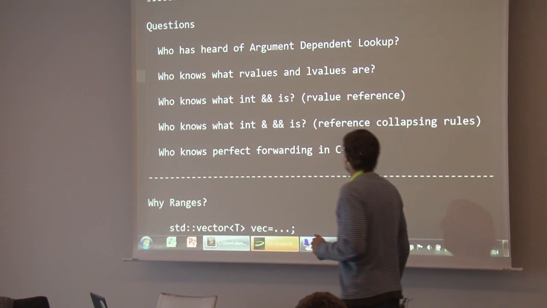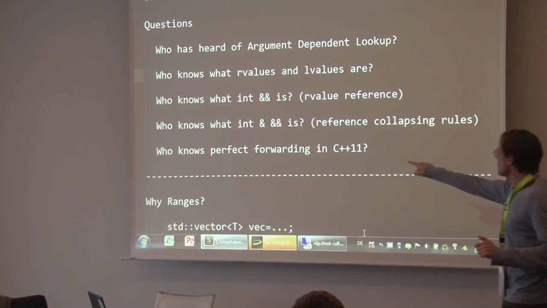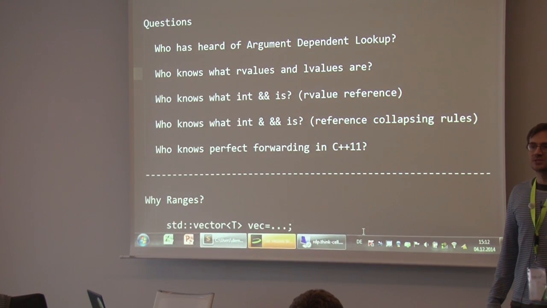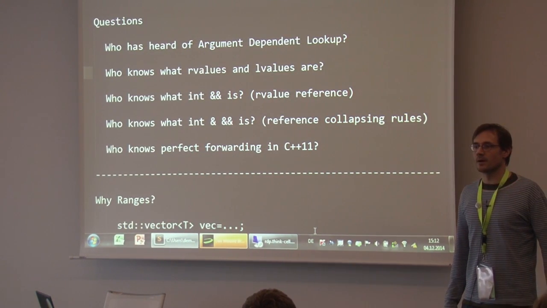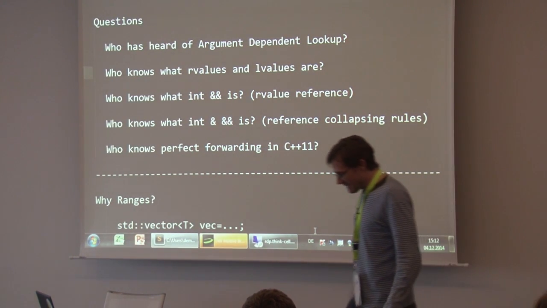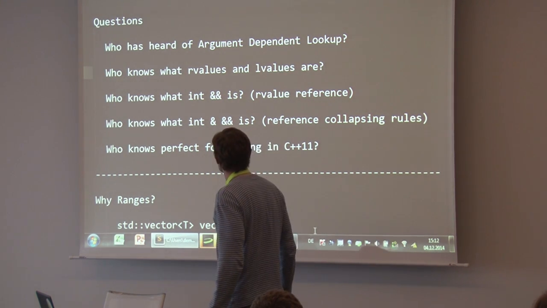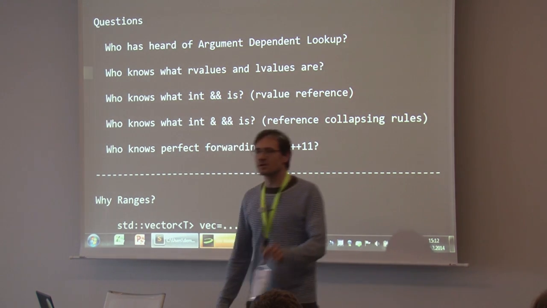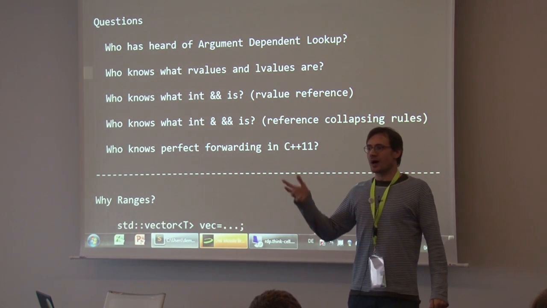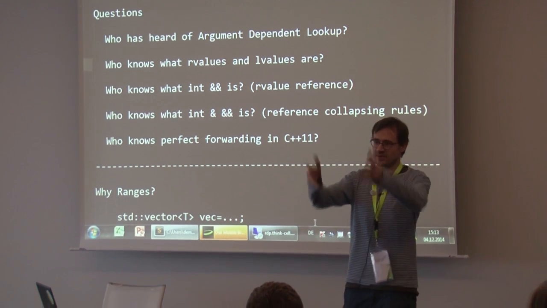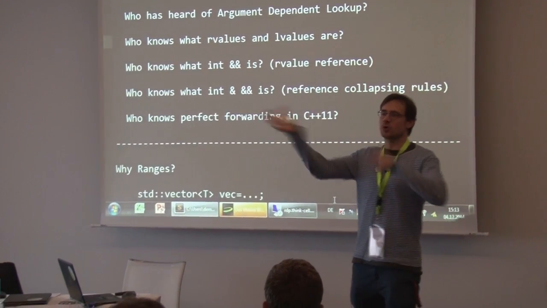Now, T&& is important for perfect forwarding. Who doesn't know perfect forwarding? Okay, now perfect forwarding, I think there are going to be examples for perfect forwarding. The idea is whenever you're getting something, you want to pass it on as you got it.